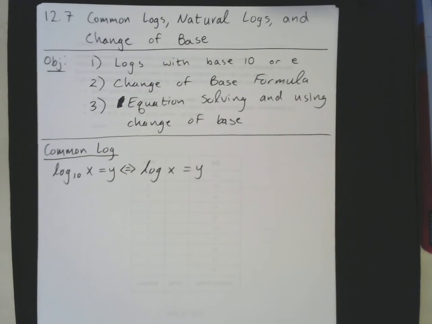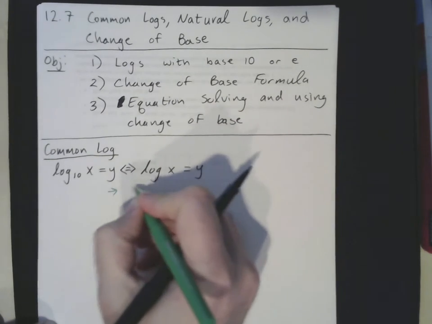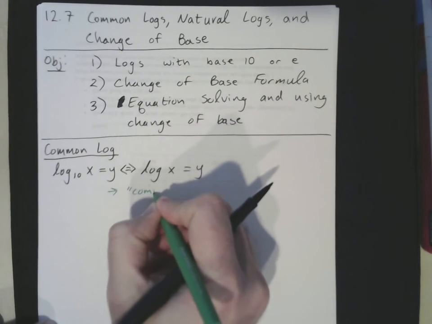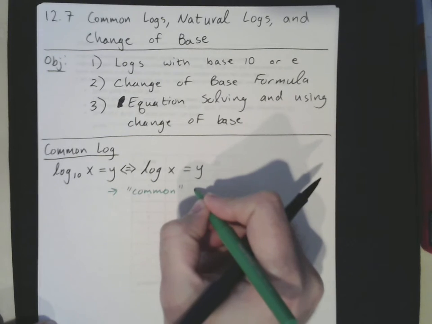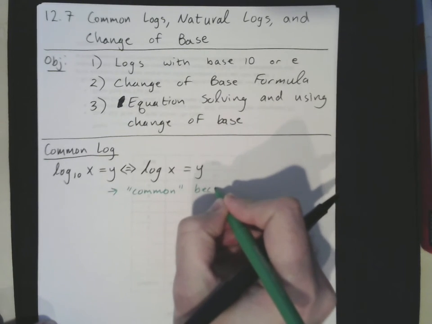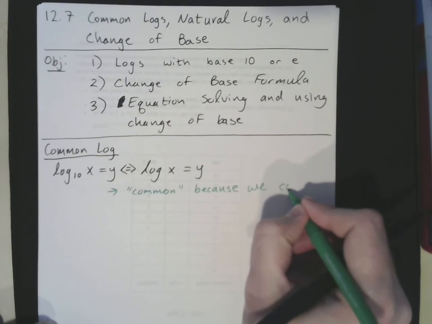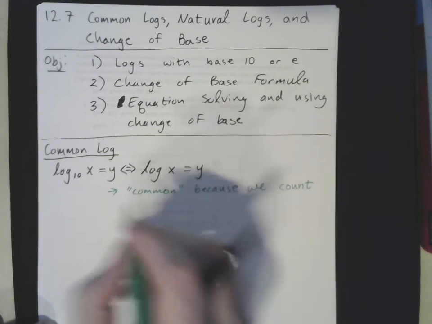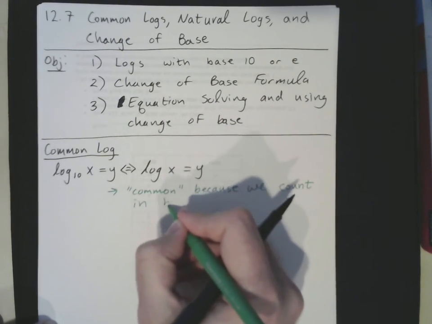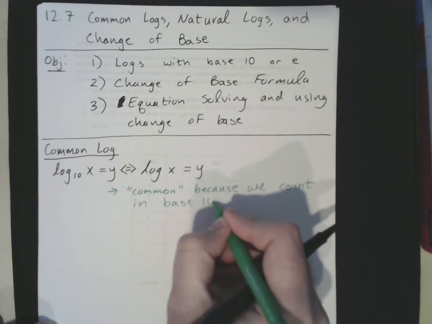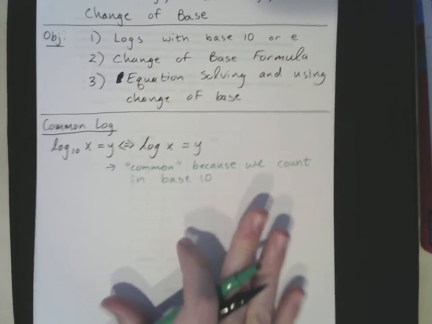And the reason we call it common log is because we count in base 10. We count up 1, 2, 3, 4, 5, 6, 7, 8, 9, 10.